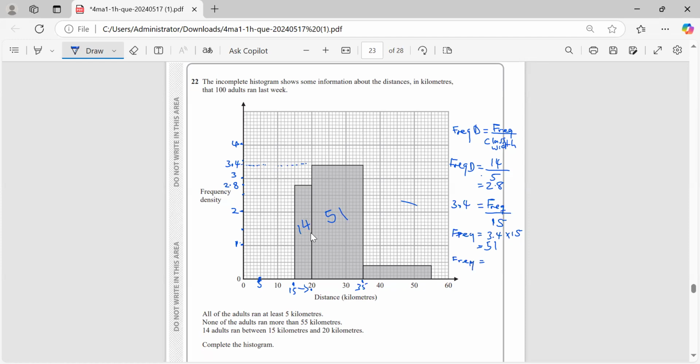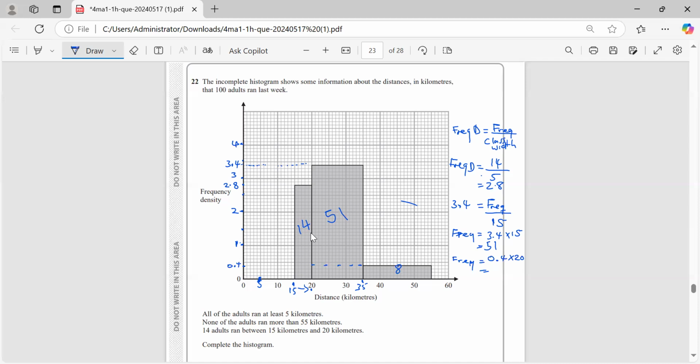You look at the height of the bar on the histogram over here. You can see that it's 0.4. So you do the same thing, 0.4 multiplied by the class width, which is 20. If you multiply 0.4 times 20, you're going to get 8. So the frequency here is 8, right? What we actually know is that the total frequency is 100.